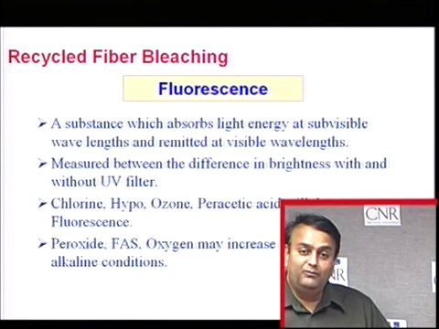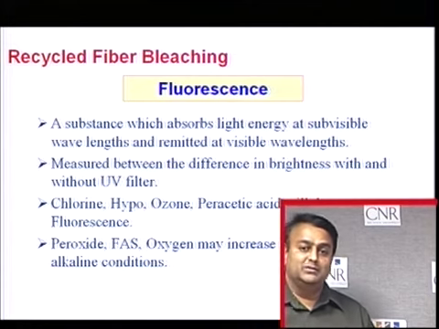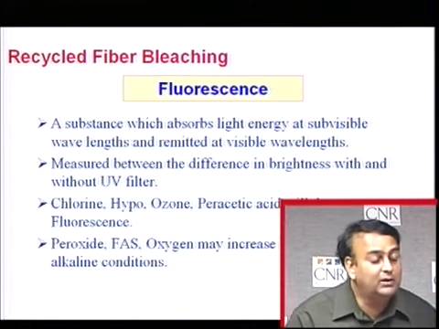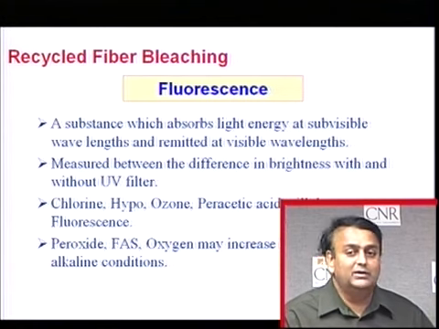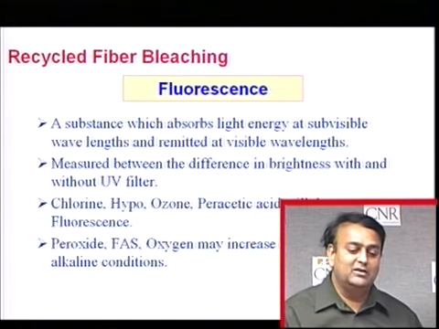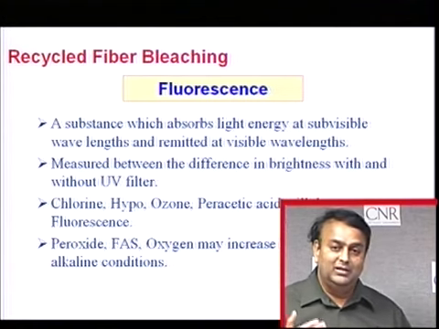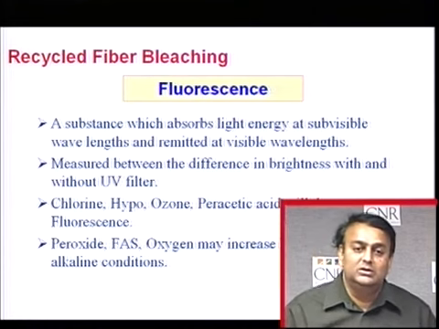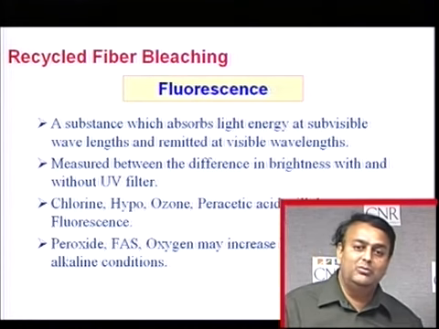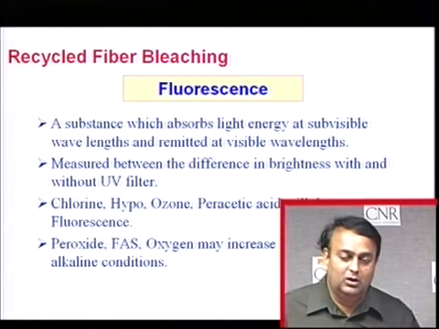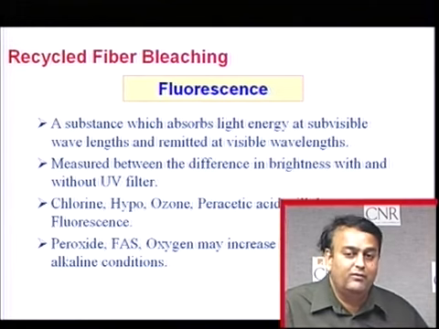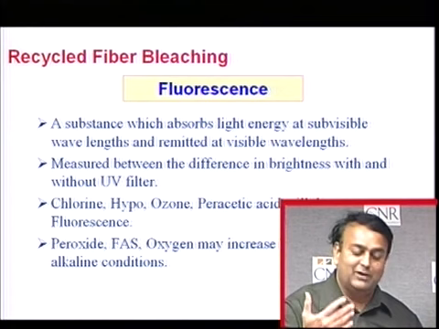Where do fluorescents come from? The paper makers add fluorescent whitening agent in their process to get higher brightness. If they cannot achieve higher brightness after bleaching, they add a little bit of fluorescent agent which goes in, absorbs UV light, re-emits at the blue wavelength of 457 nanometers, and it gives the brightness.